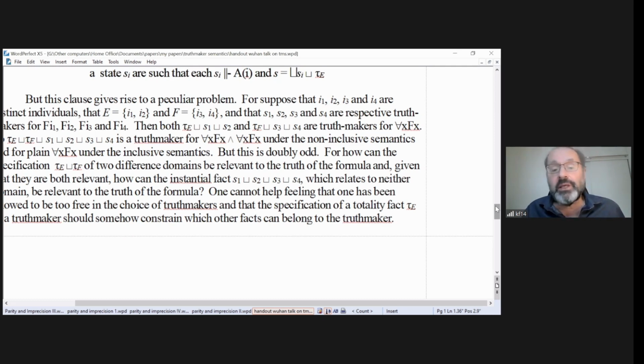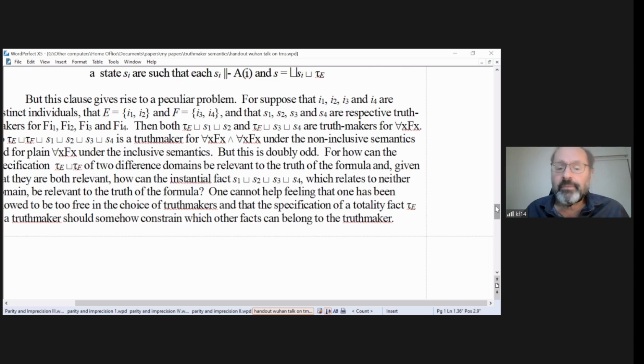Similarly, under the inclusive semantics, if you look at the truth makers for for all x, Fx, this had to be closed under non-empty fusions. But those non-empty fusions will only exist when the totality facts involved in them are the same. So again, we'll avoid having all of these weird truth makers.